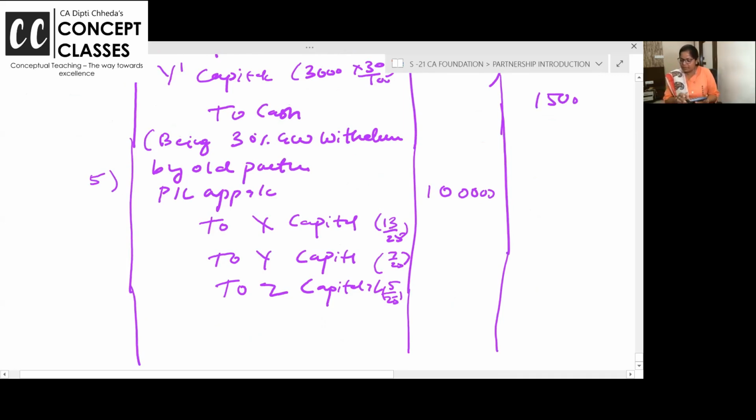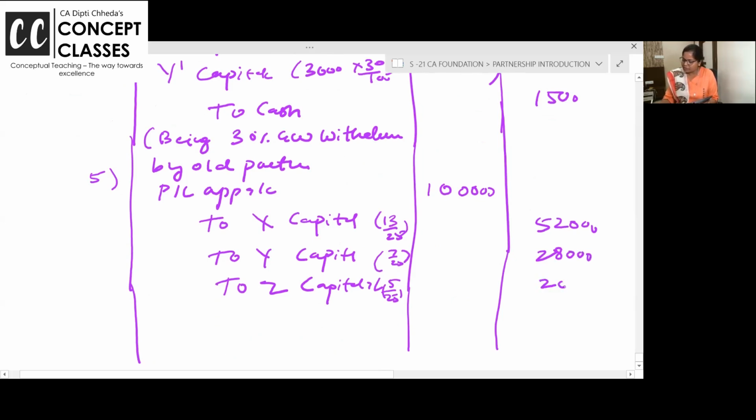Do it. 1 lakh divided by 25, put 4,000 in memory. 4,000 into 13. 4,000 into 7, 4 sevens are 28.